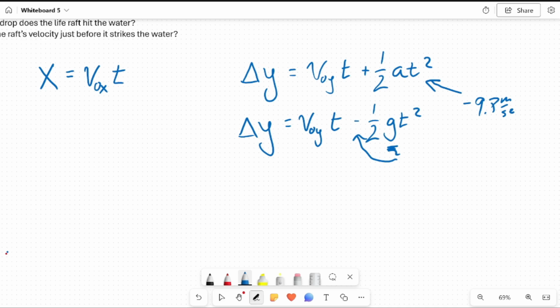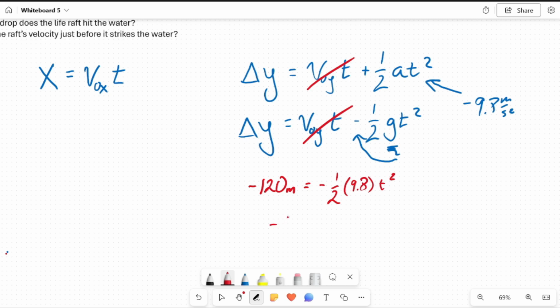You want to know why? Because v_oy is 0. It had no vertical component. My change in y is negative 120 meters equals, and now look at this, negative 1/2 g, which is 9.8, t squared.